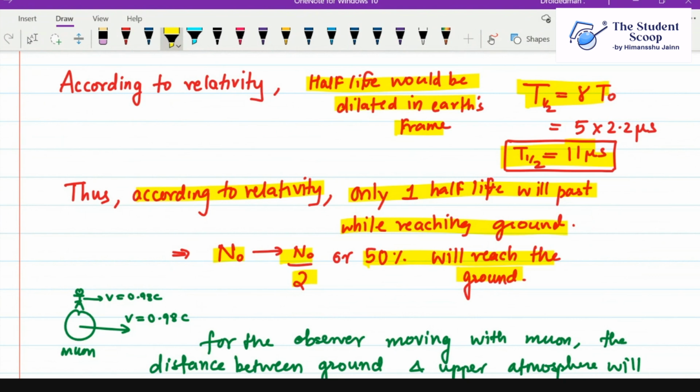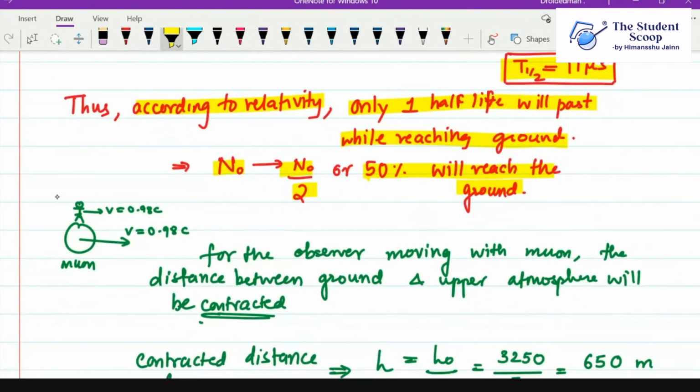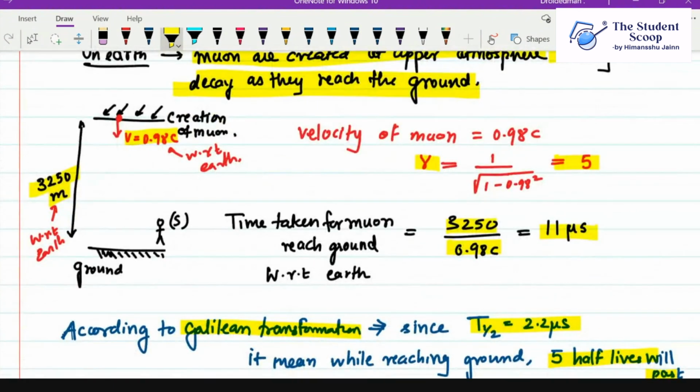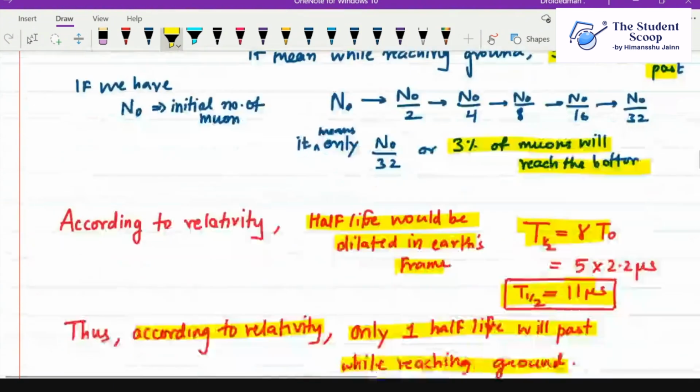So here, what was the important part in relativity? We consider that time can be dilated. We can also see this another way. Imagine there is an observer on the muon, who is also moving at 0.98 c. The distance 3250 meters is measured by the person on Earth, how high the upper atmosphere is.